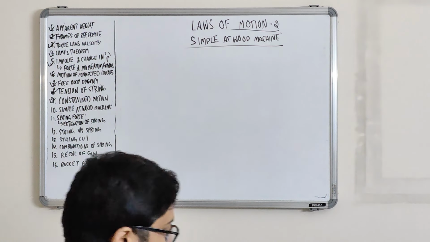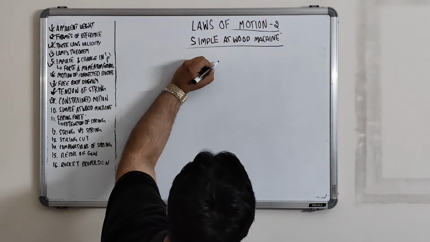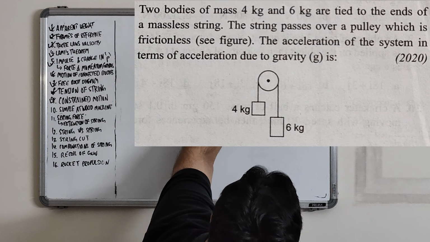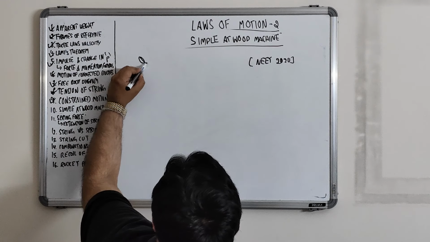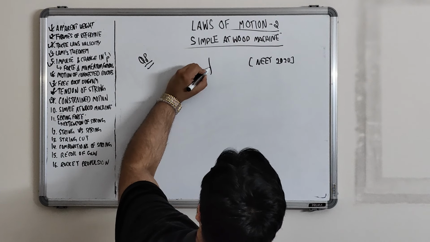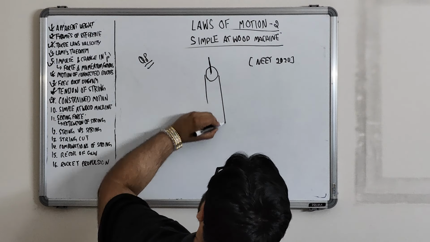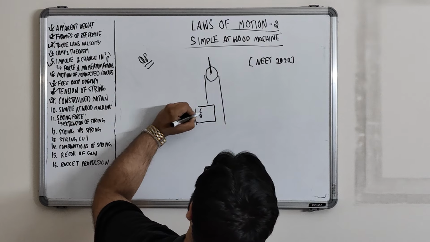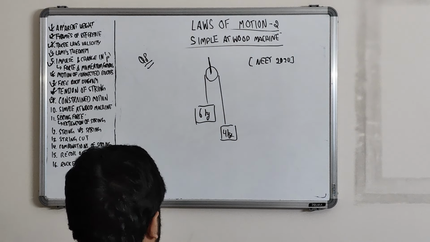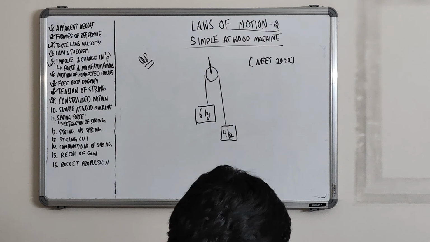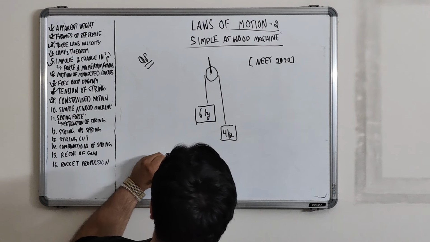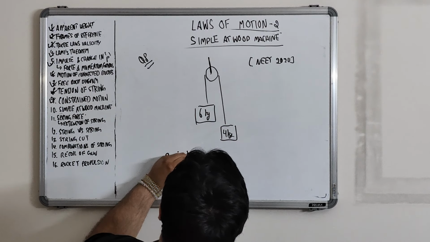Simple Atwood machine. This is a question from NEET 2020, question number 8. This is a pulley, string, 6 kg, 4 kg. We have to find out the acceleration in terms of g.